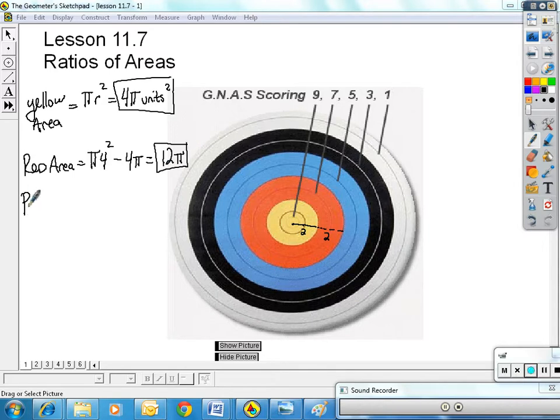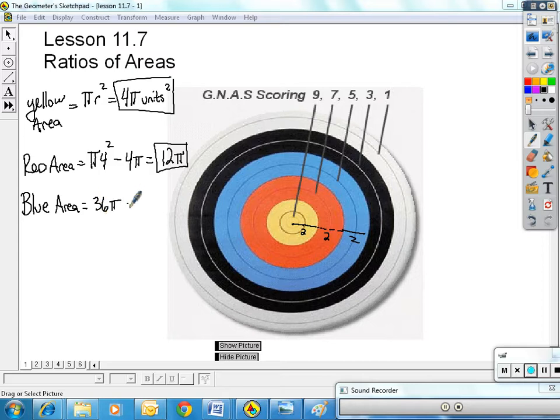Let's do it for blue. See if you can catch on here. Blue area. Well, the blue area is 2 more units. So 2, 4, 6. 6 units makes the entire radius. So it's going to be 6 squared is 36 pi.